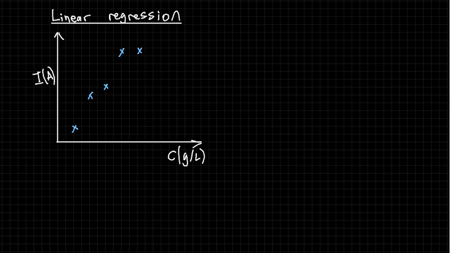Okay, so if we were to draw a line through that, it would look like that. And we know that the equation that describes a line is y equals mx plus c, quite simple, where y in this case is the current and x in this case is the concentration.